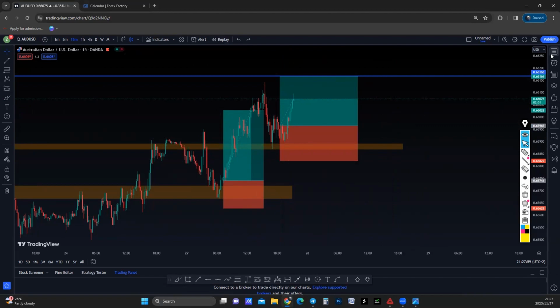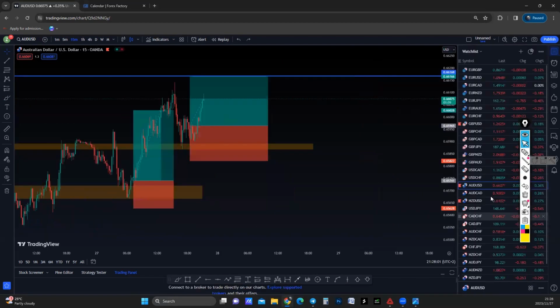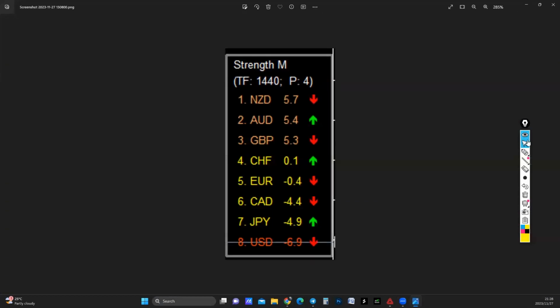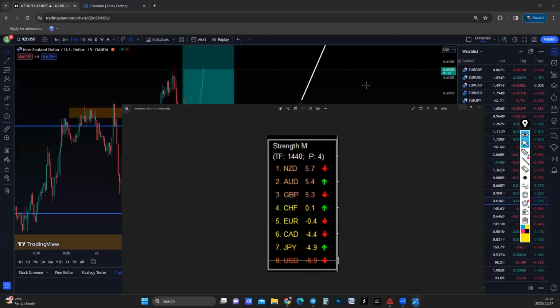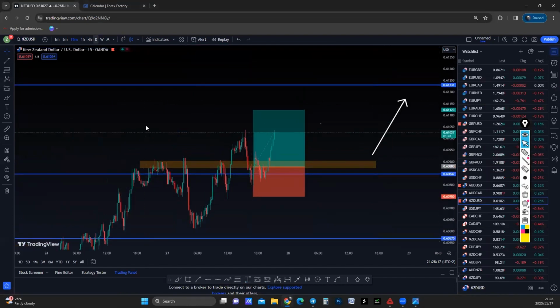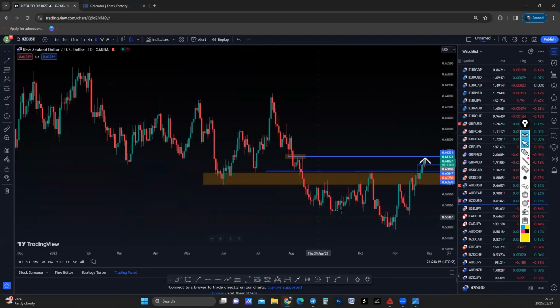Okay, so now let's look at NZD USD. Remember, here you also have NZD versus USD. I'm going to start on the daily.